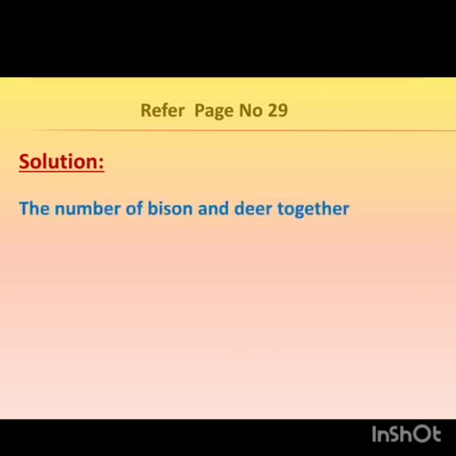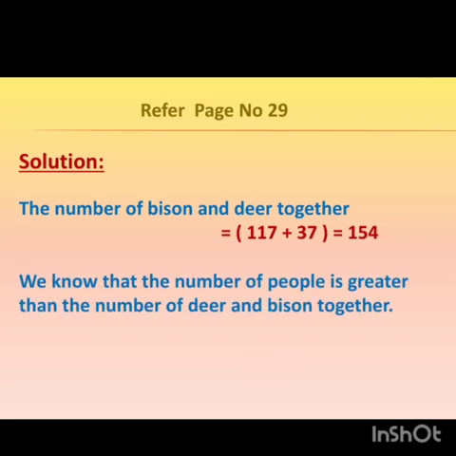First of all, we have to find out the total number of bison and deer. That means the number of bison and deer together is equal to 117 plus 37. If you add them, you will get 154. So the total number of bison and deer is equal to 154. We know that the number of people is greater than the number of deer and bison together.